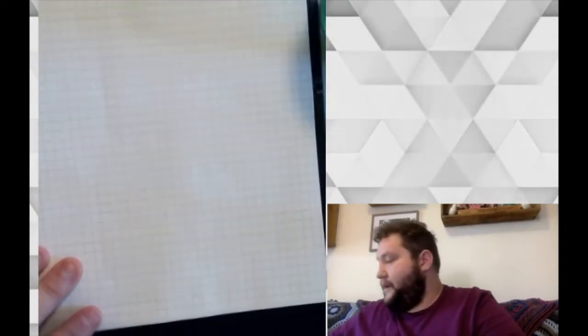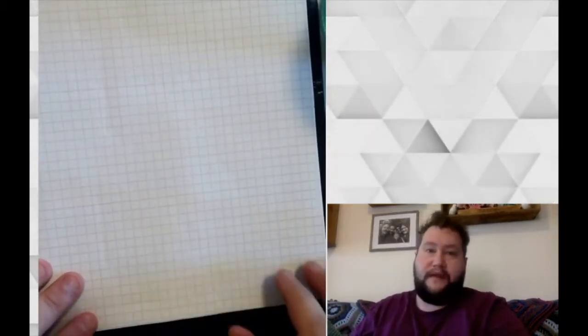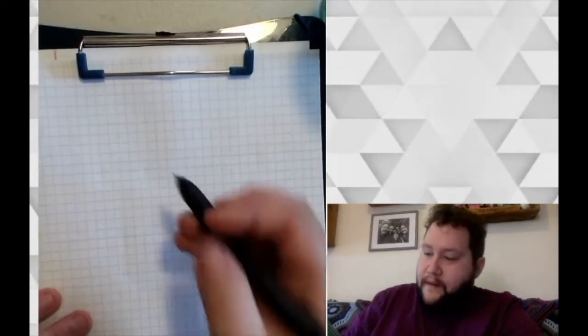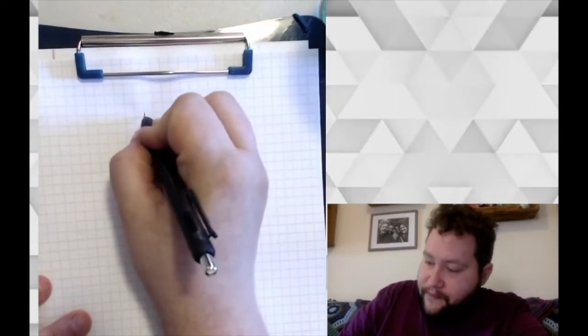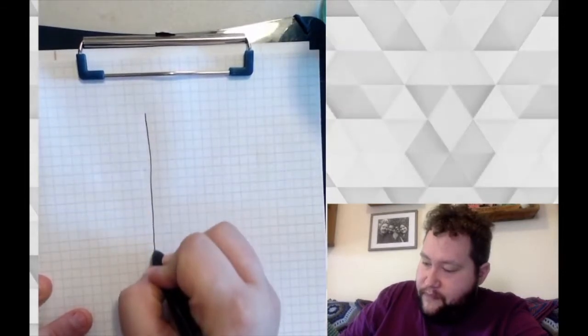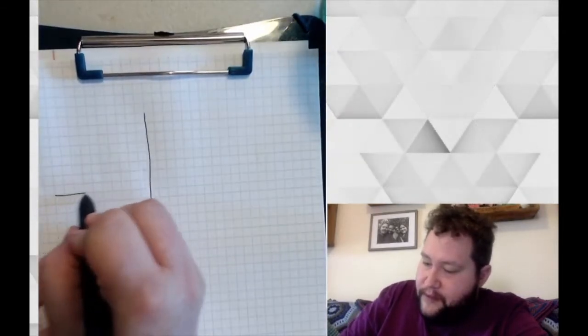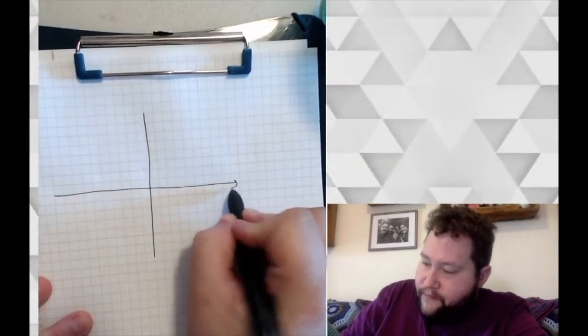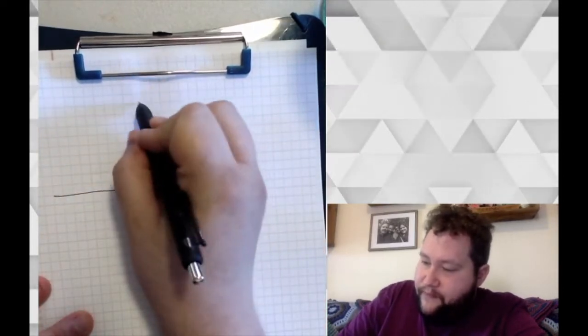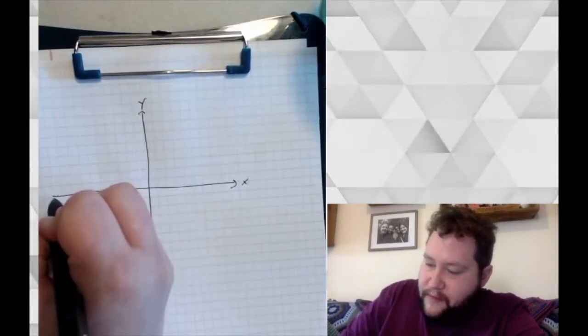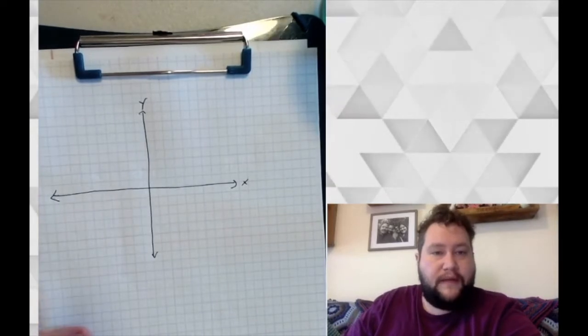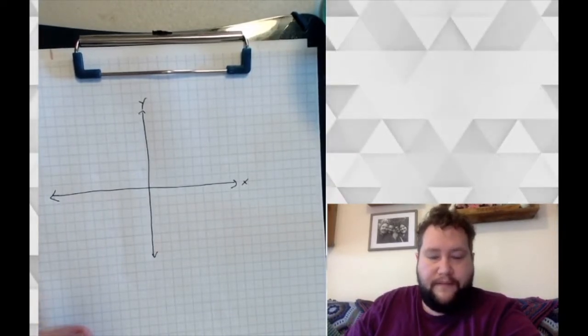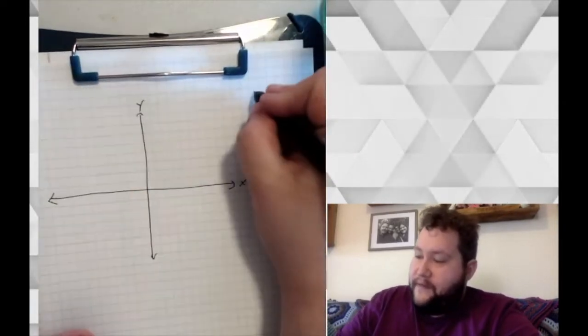So let's talk about plotting some of these points. I'm going to give you a decently large coordinate plane. X, Y, I always put those arrows because the axes don't end at any of those points. And we have some examples.